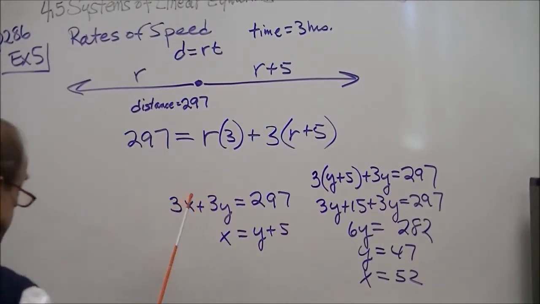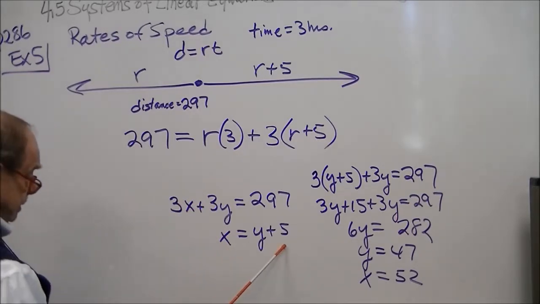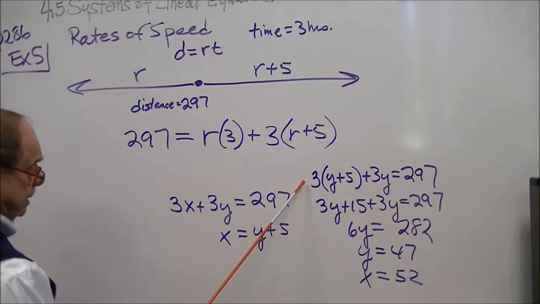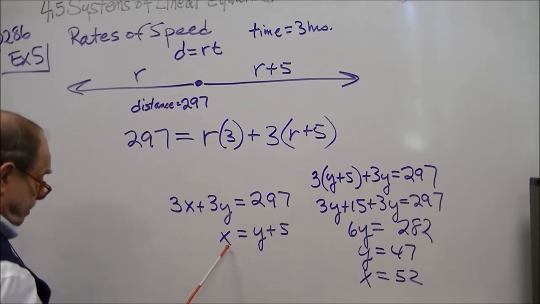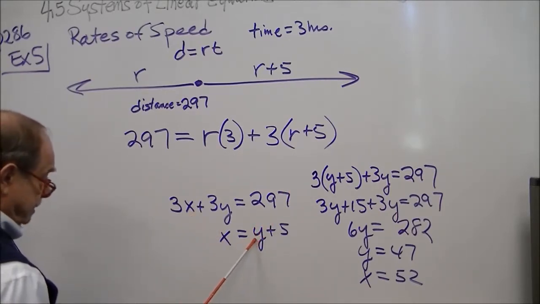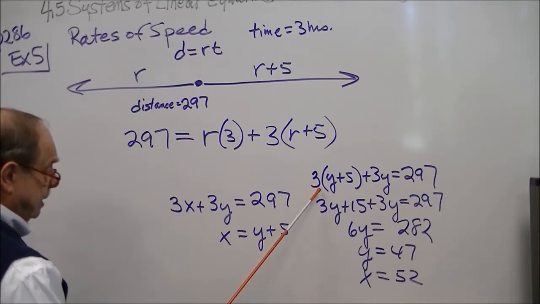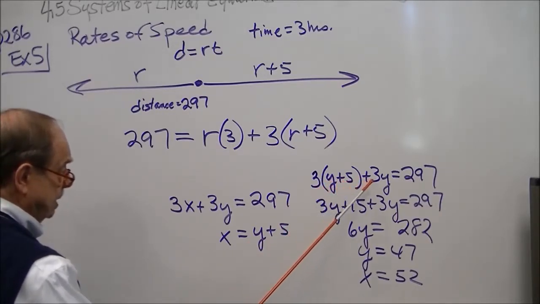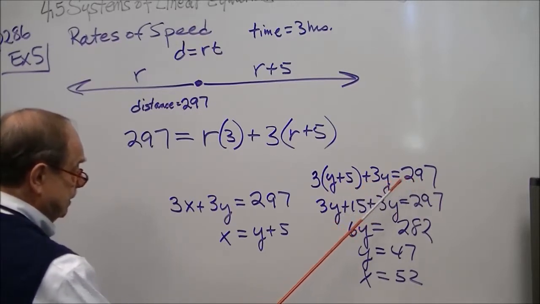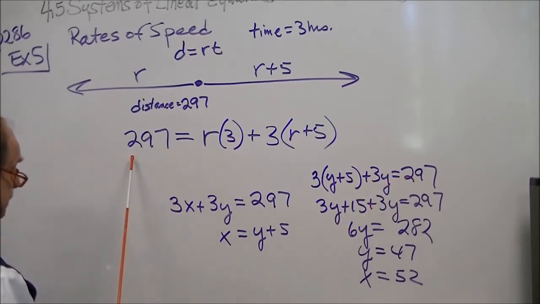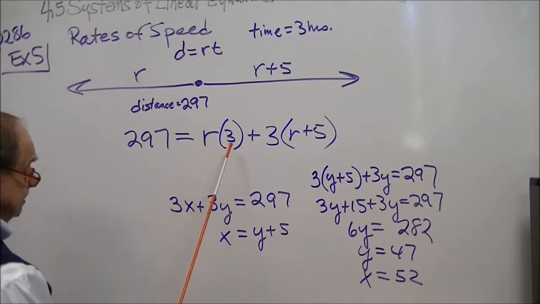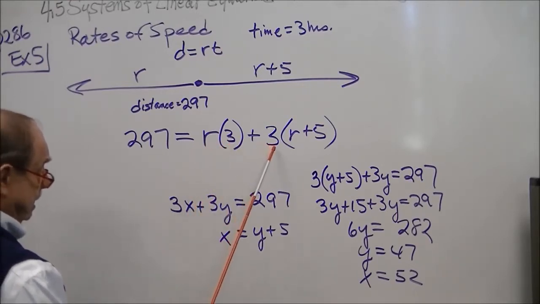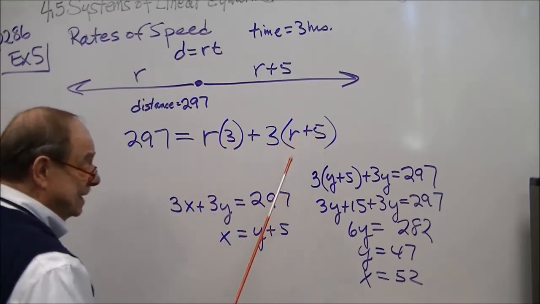So, solving this, we could use substitution. And notice the equation I get. 3 times, we're going to put the x as y plus 5. 3 times y plus 5 plus 3y equals that. Well, can you see that? 3 times y and 3 times y plus 5.